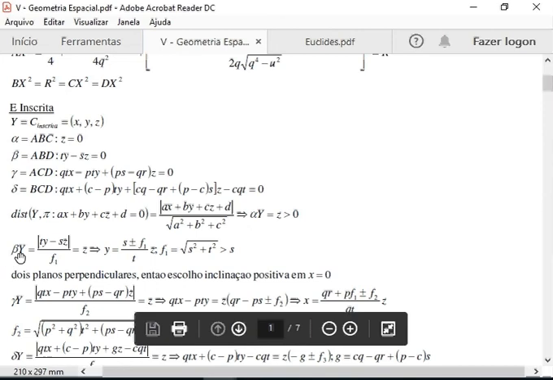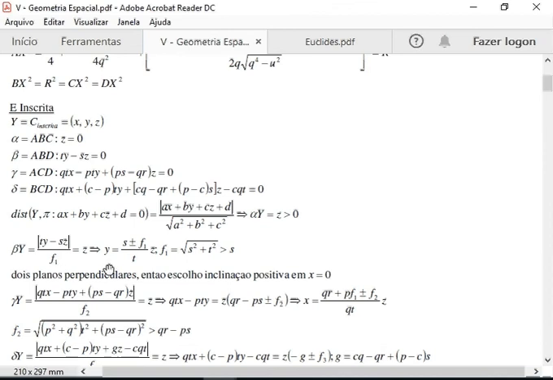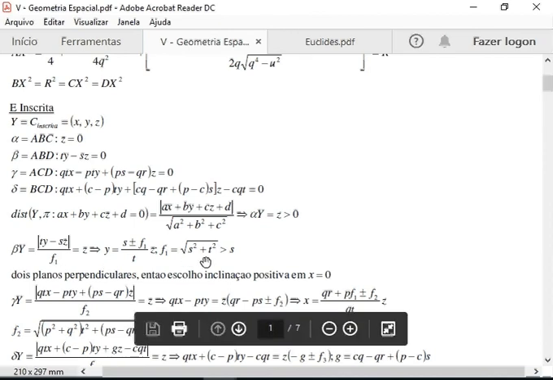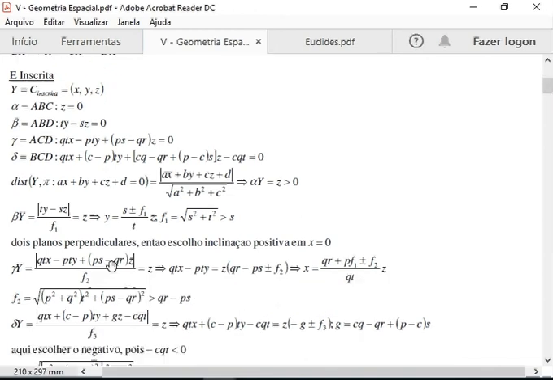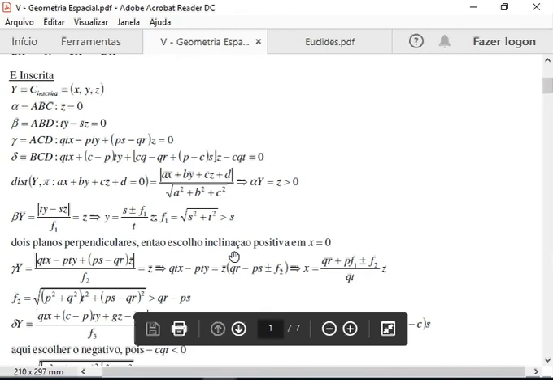The distance from Y to beta is the absolute value of Ty minus Sz over the square root of S2 plus T2, we name it F1, greater than S. It's equal to Z. So we're going to isolate Y: Y equals (S plus or minus F1) over T times Z. And we choose the positive inclination at x equal to 0.